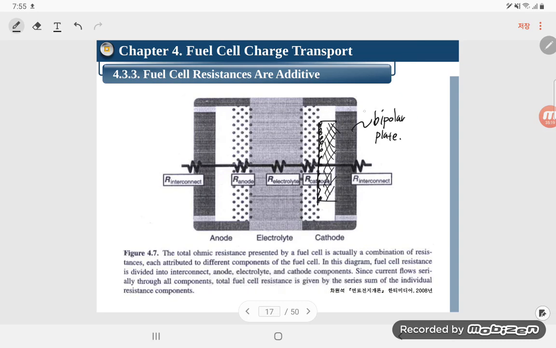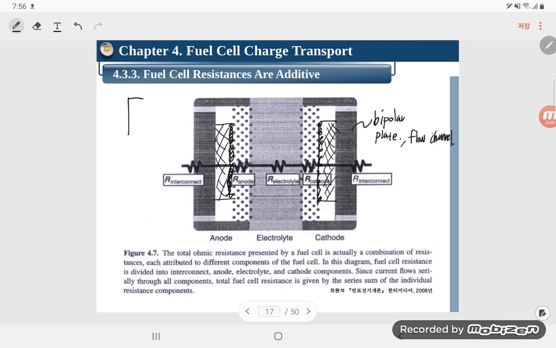On the bipolar plate there is a flow channel, right? Okay, this is the schematic illustration, and for the anode, the composition is the same as the cathode. In this case, there is R interconnect, R cathode, R electrolyte, R anode, R interconnect. So each of these resistances should be summed up for evaluation of the total resistance.